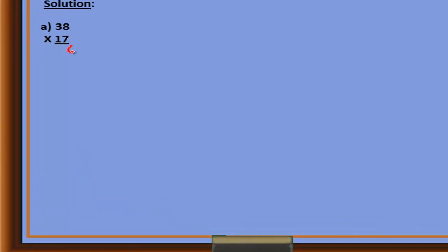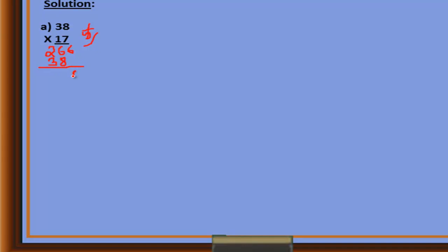We write 6 here and we put here 5. 7 times 3 is 21 plus 5 is 26. 1 times 8 is 8. 1 times 3 is 3. Then we add it.